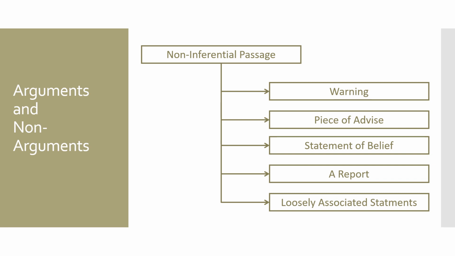The thing to keep in mind with every last one of these is that in the end, what they share in common is none of them are attempting to draw any conclusions. To put this in very simple terms, all of these are merely asserting something is the case. They're not trying to prove it to you, they just say it is so.